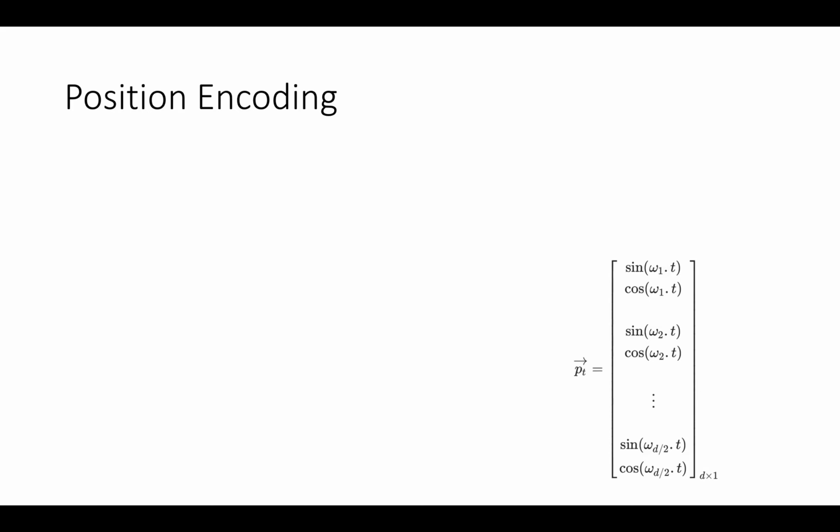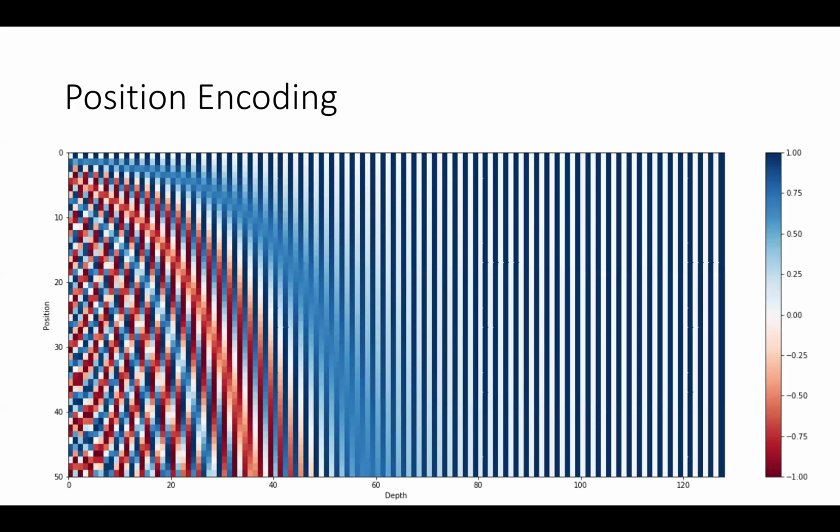For the even positions it'll be sine, for the odd it'll be cosine. This is defined with w_k, like a frequency of a sine wave, right? So 10,000 to the power 2k over D. We'll go into detail of the formula, but this is the way it looks.